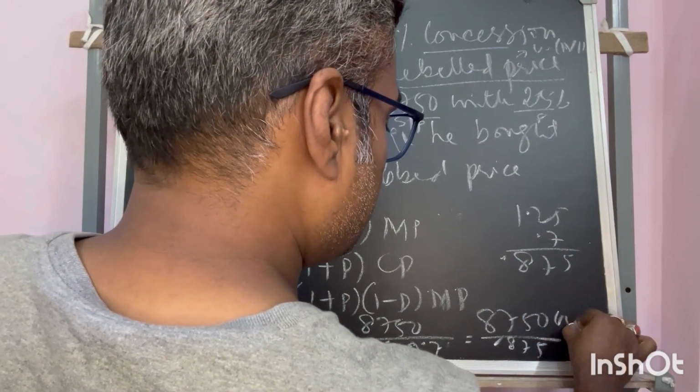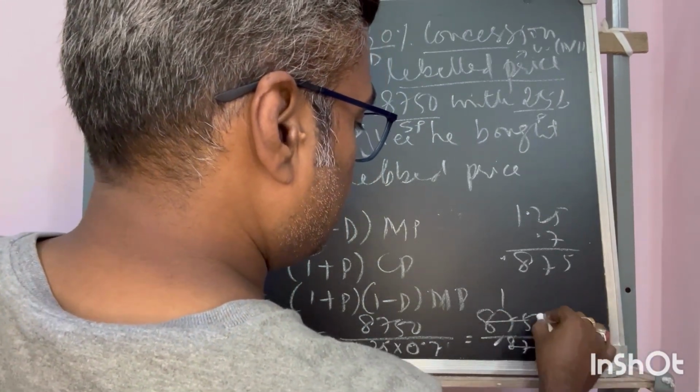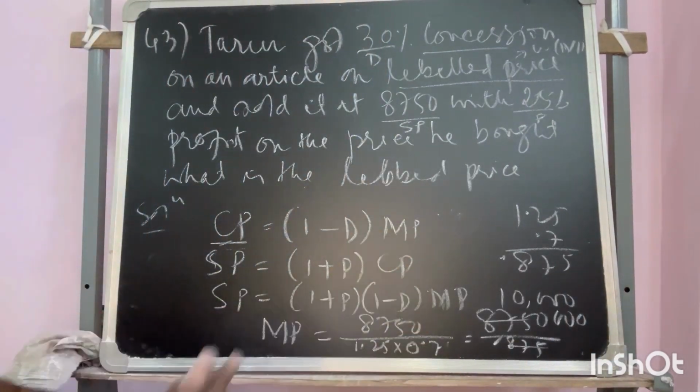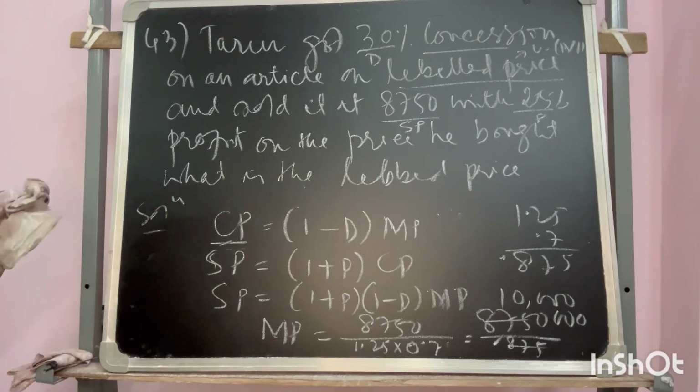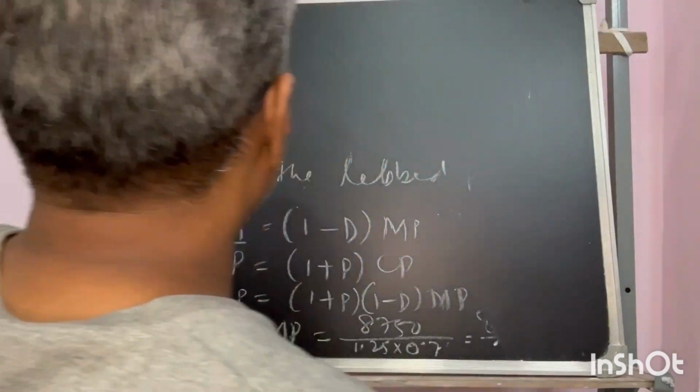If I remove this point, this will give you 10,000. So the market price is 10,000. This is the result. Okay. Moving to the next problem, 44.